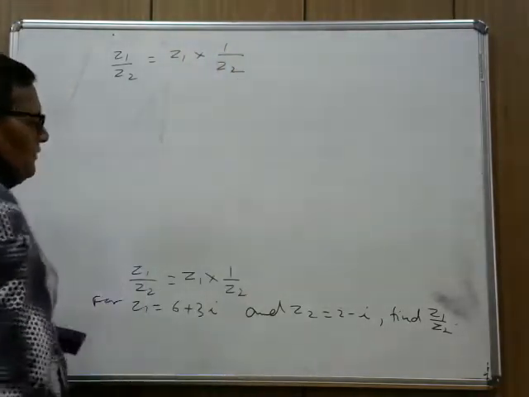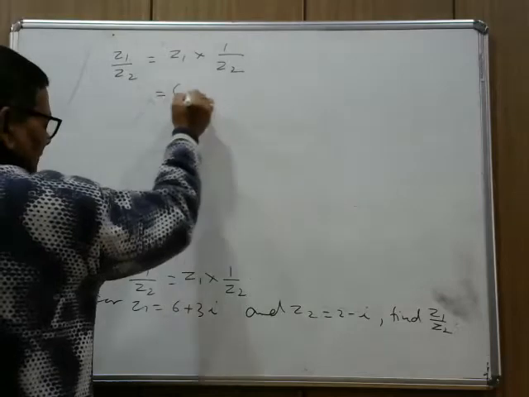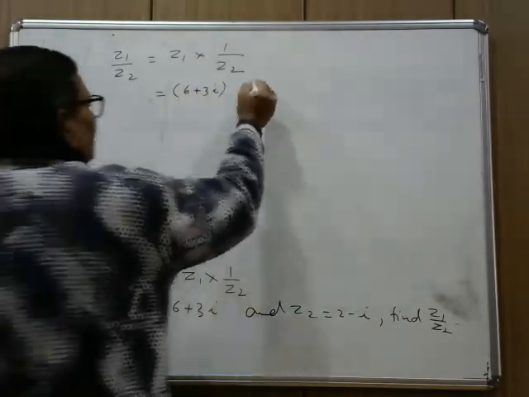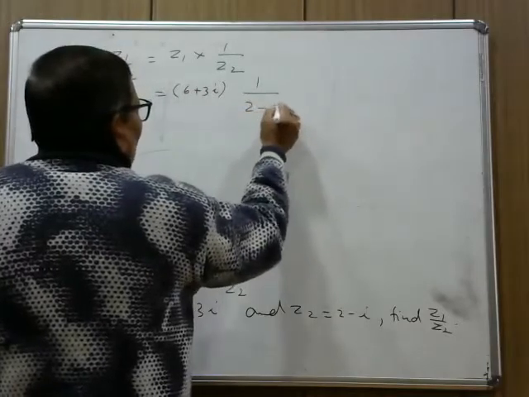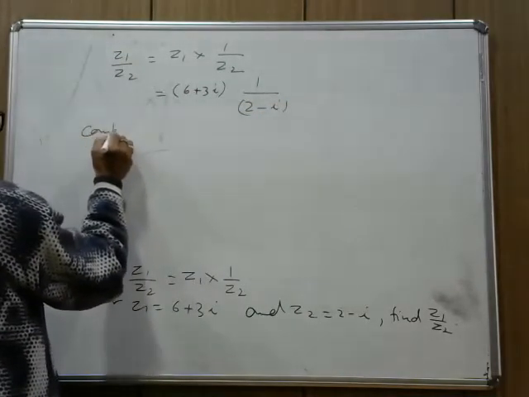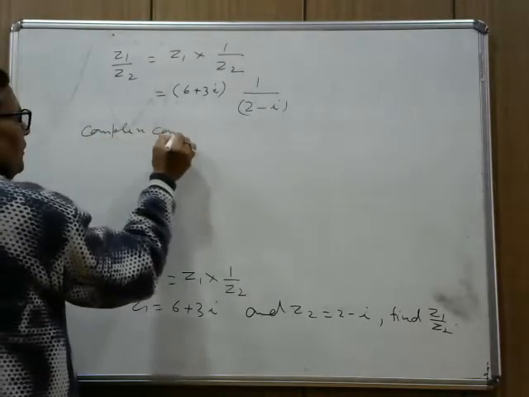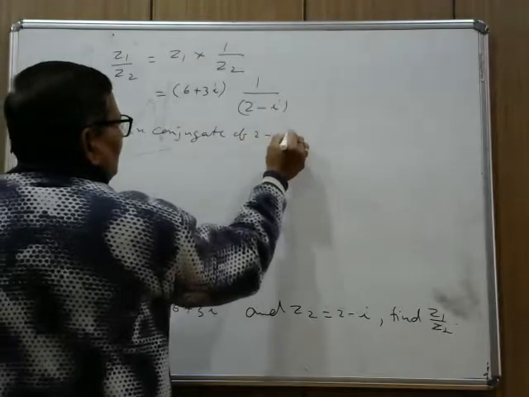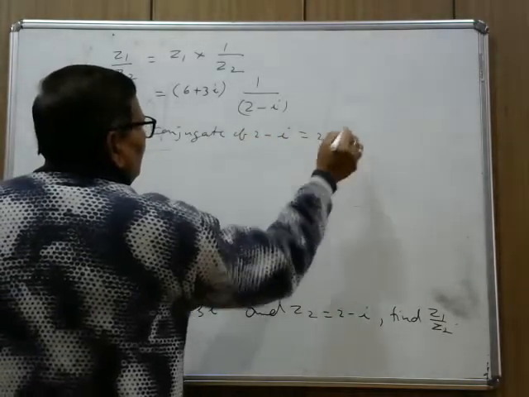Now you substitute z1 and z2. So your z1 is 6 plus 3i and z2 is 2 minus i. Now the complex conjugate of 2 minus i equals 2 plus i.